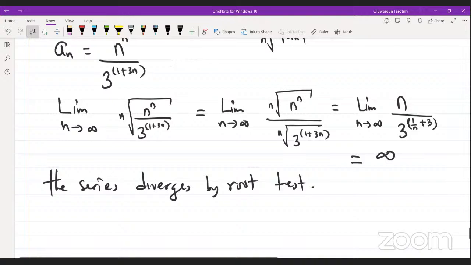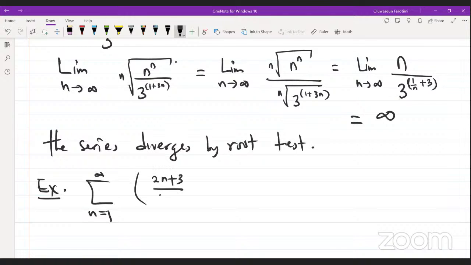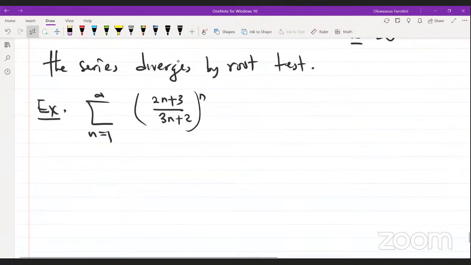Okay, I hope it makes sense. Now let's look at one last example here. We have (2n plus 3) over (3n plus 2), all to the power n. Remember, the hint was that you use the root test when the nth power occurs. If it doesn't occur, then you run into some trouble trying to understand what to do.